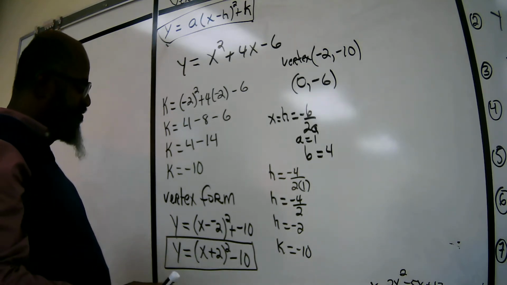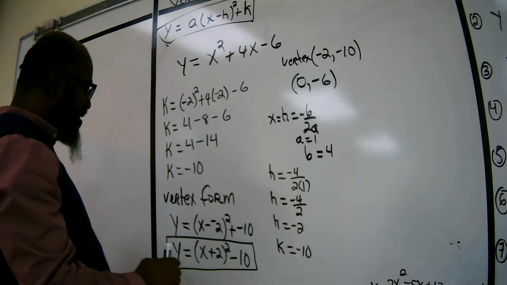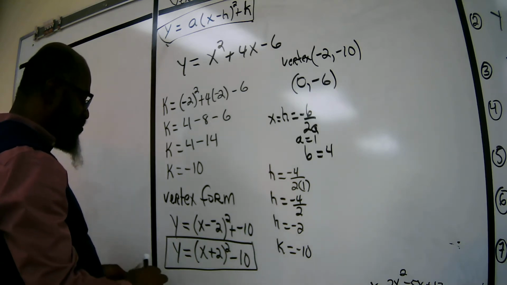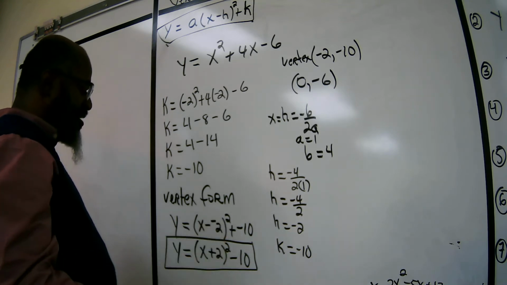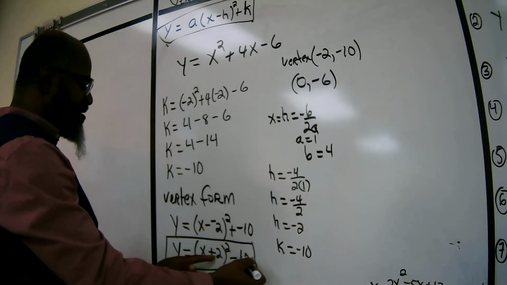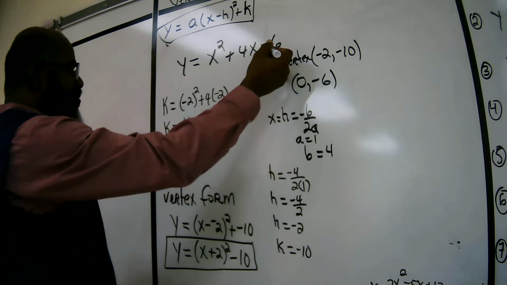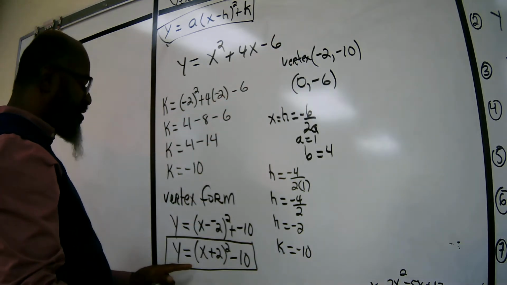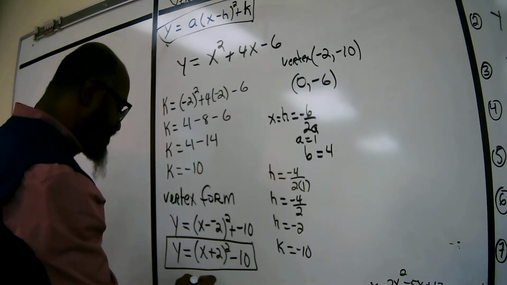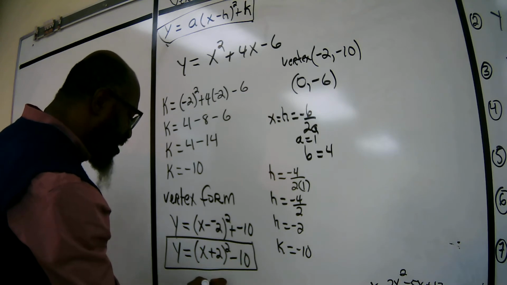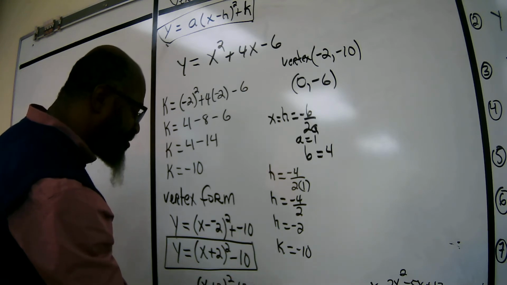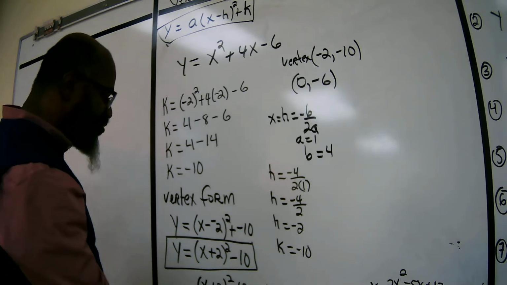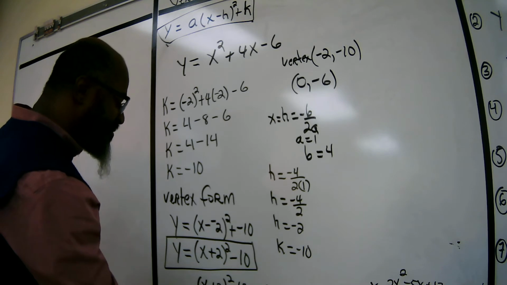Now if you were to find the x-intercept, that's the beauty about the vertex form. So this will tell you this is h, this is k, and my y-intercept was 0, negative 6. Now if I did want to find my x-intercept, I would let this equal 0, substitute 0 for y, and you will have to add 10 on each side.